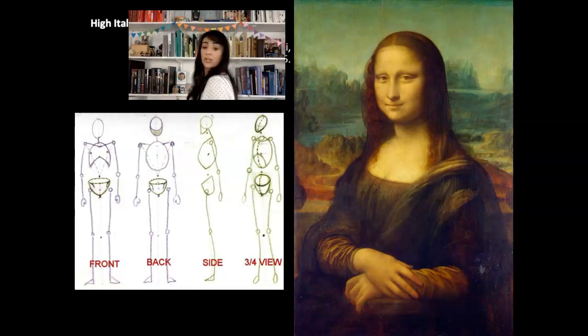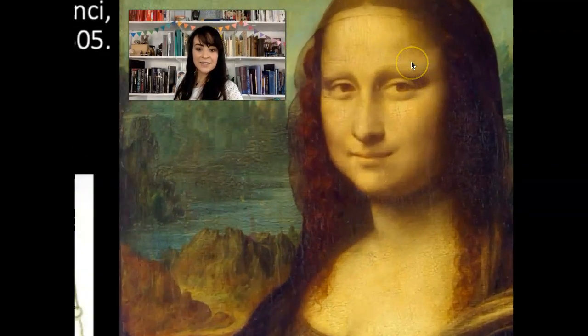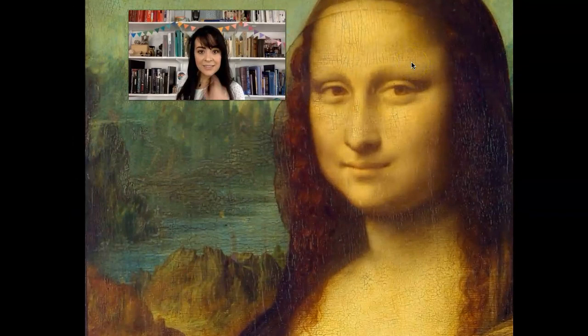She doesn't just turn her neck. She shifts her shoulders to rest her arms on the chair arm, and then shifts her head at the neck to face us and the viewer. And look at her eyes. Are her eyes in the center?